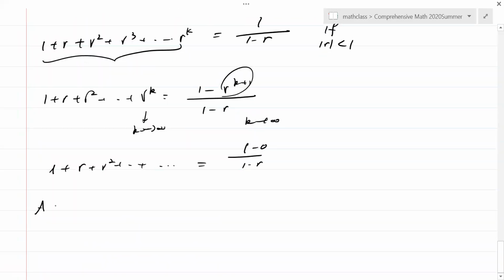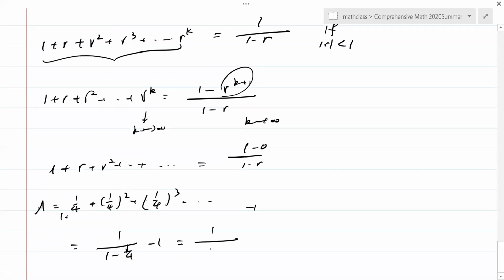So we have A equals 1/4 plus 1/4 squared plus 1/4 cubed, and that's going to be 1 over 1 minus a quarter, minus 1. Because the first term is missing, you just assume there's a 1 here, then you have to subtract it, right? All right, so the answer here is 4 over 3, minus 1, that's going to be 1/3.